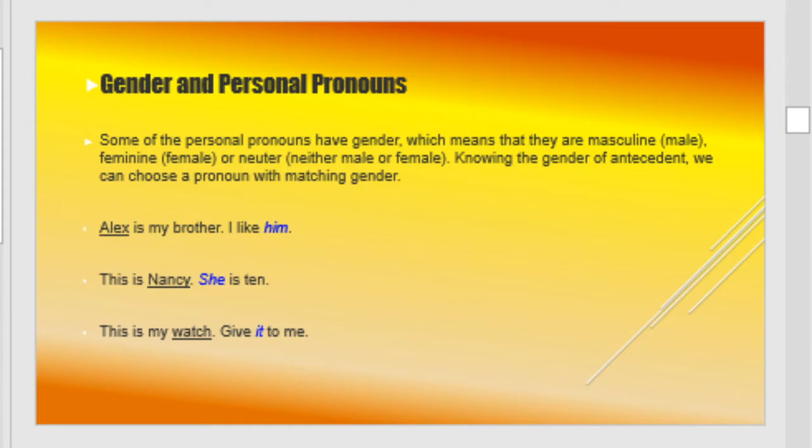We use she because we're talking about Nancy, and the name Nancy is commonly used for a woman or female. That's why. This is my watch. Give it to me. So if you noticed, a watch is a thing. We don't know the gender, so we use it. Okay, so that is for neutral.